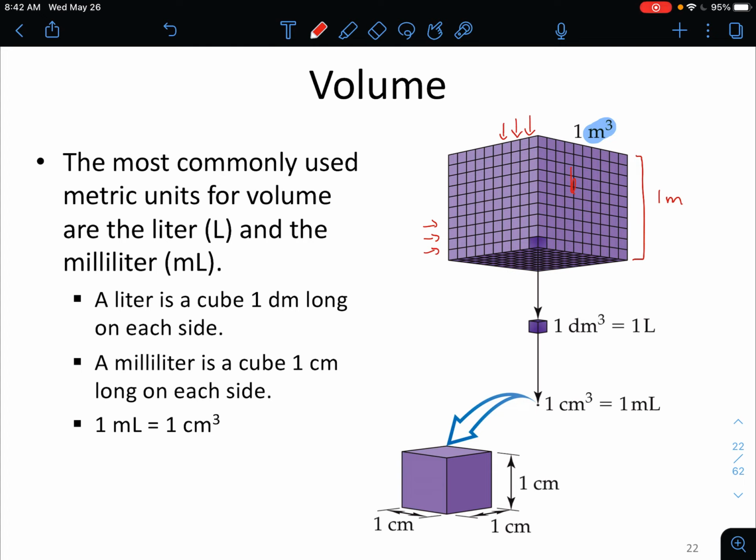If I cut it into 10 in all three directions, I would get 1,000 smaller pieces. And then that smaller fragment that I make would be 0.1 meters on all three sides, right? If it was 1 meter and I cut it into tenths in each direction, it would be 0.1 meters on each side, which would be 1 decimeter on each side, or 1 decimeter cubed.